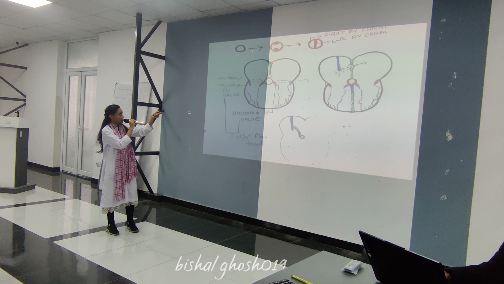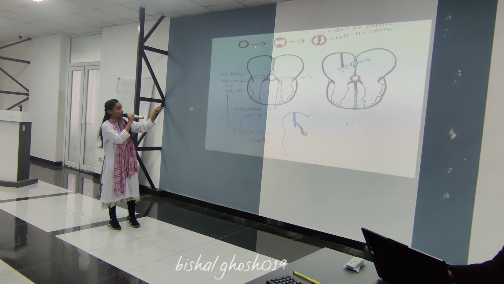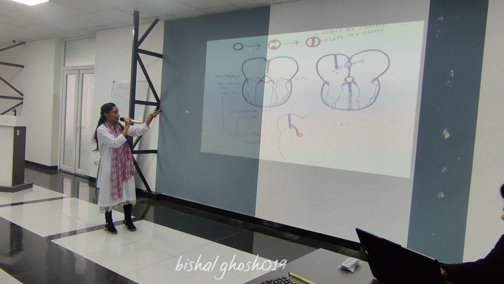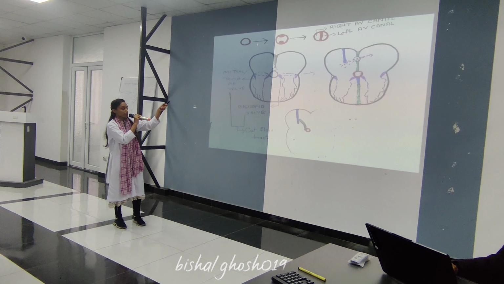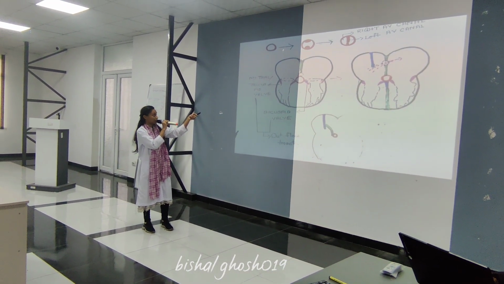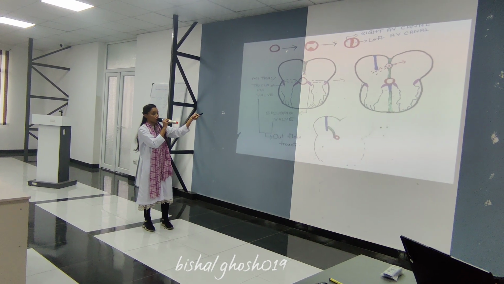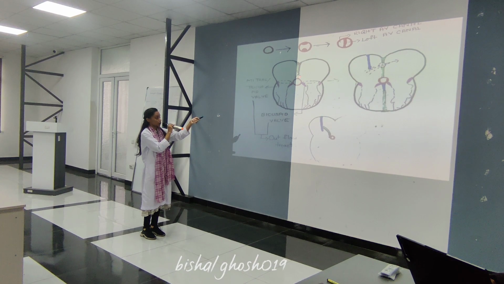From the apex of this heart, the septum primum is going to happen. This septum primum's aim is to meet septum intermedium, but for the blood flow, it cannot meet completely. There will be an orifice. There will be an ostium. This ostium is called ostium primum. Then this ostium primum is not permanent.